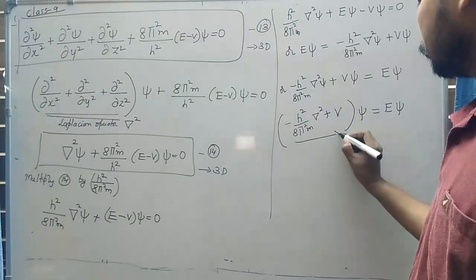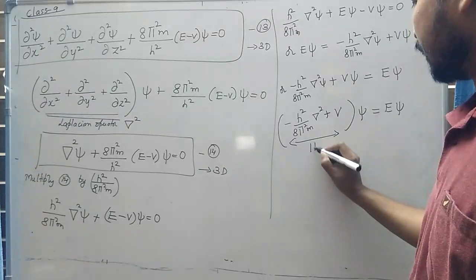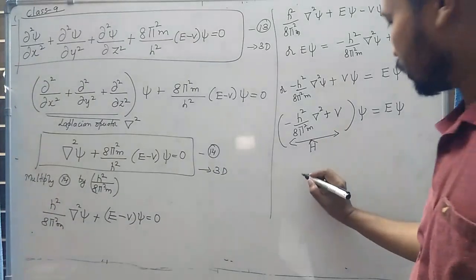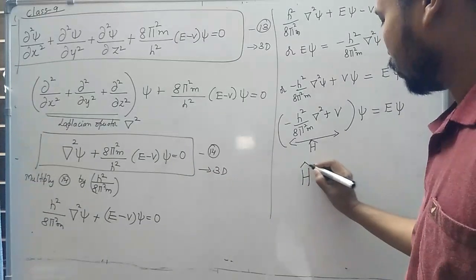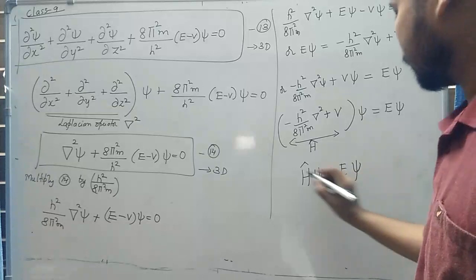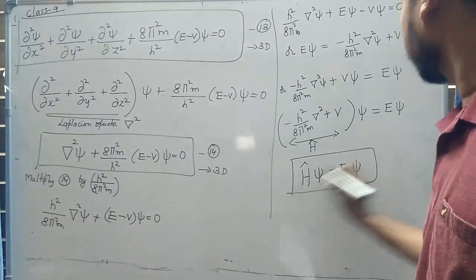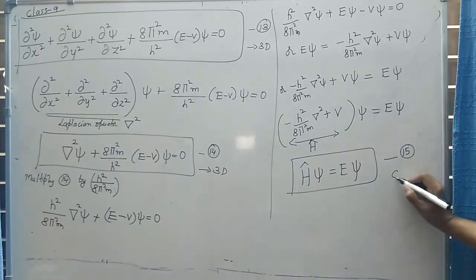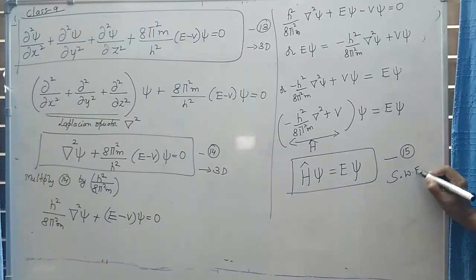This term represents an operator called the Hamiltonian operator H, and this operator is a very important operator in quantum mechanics. Therefore this equation can be written as H of psi is equal to E into psi. This is another way of writing the Schrodinger wave equation.